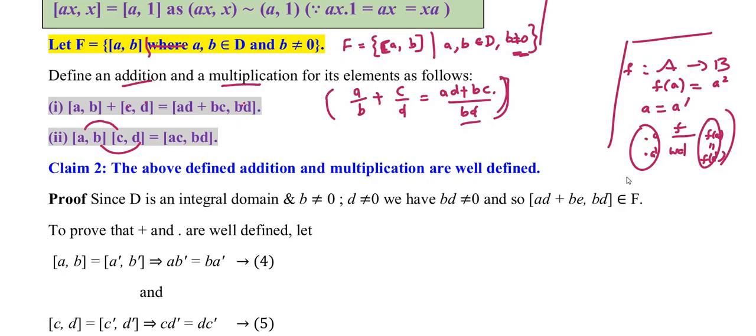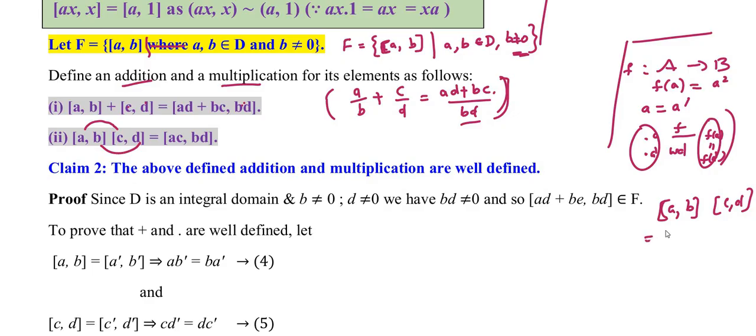So here we know that every operation can be thought of as a function. Here you have two elements, one is [A,B], the other one is [C,D].